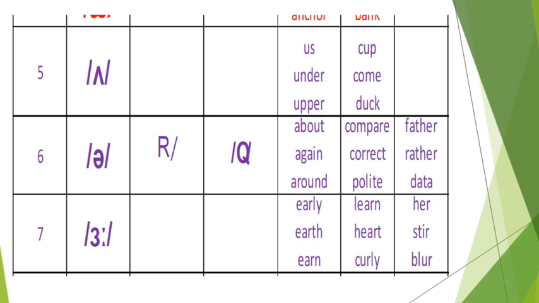Early, earth, earn, immediately, learn, hurt, curly. It is not curly, curly. Finally, her, stir, blur, like this. Now let's move on to its examples.